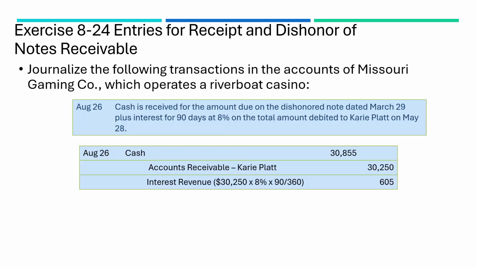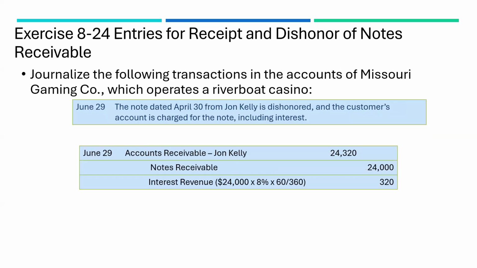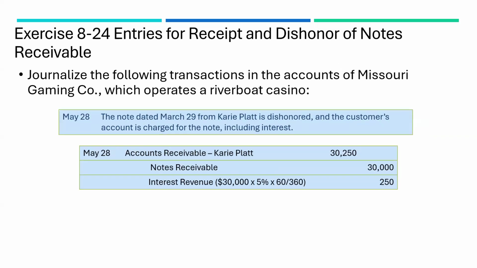And then on August 26th, we receive cash for the amount due on the dishonored note dated March 29th, plus interest for 90 days at 8%. This company was able to charge 8%.